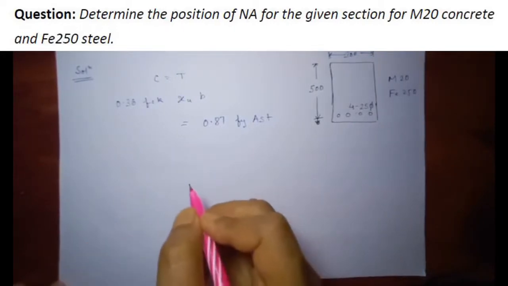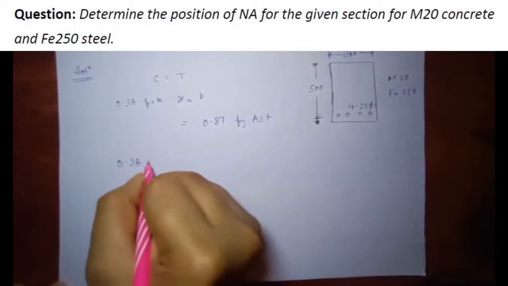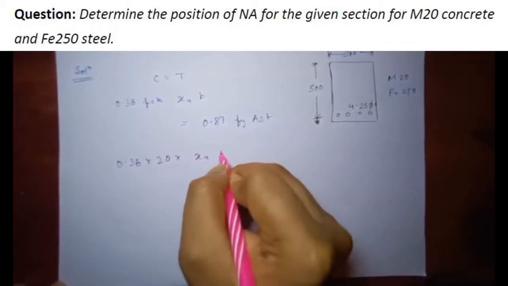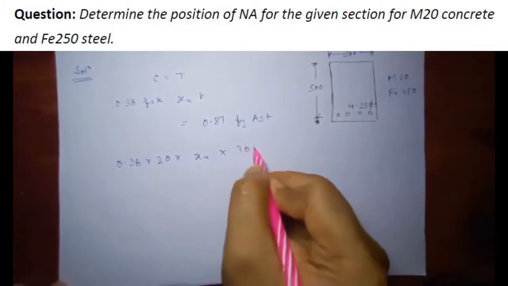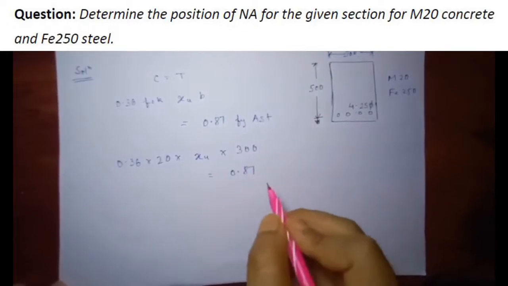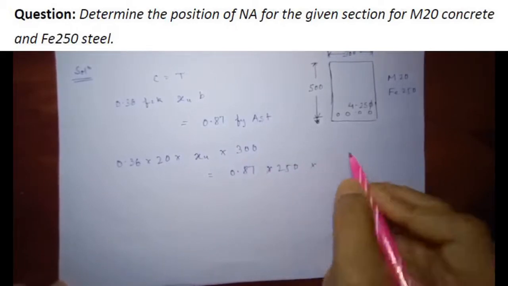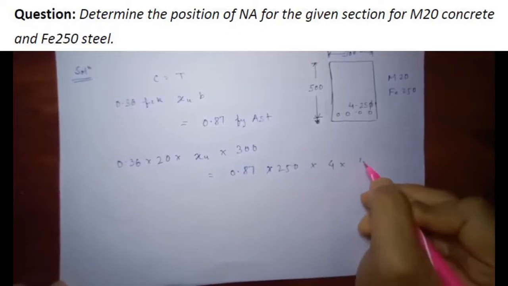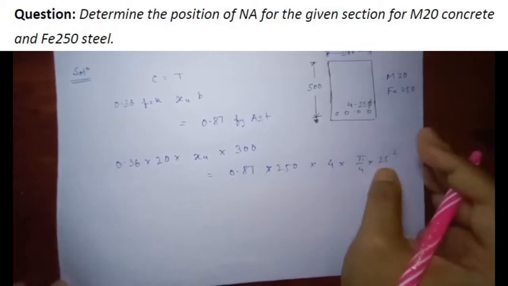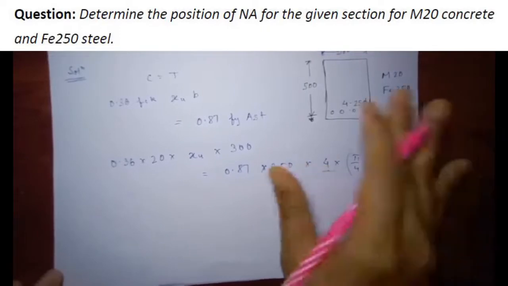So I can write 0.36 FCK, which is 20, multiplied by XU, multiplied by the breadth, 300 mm, equal to 0.87 Fy, which is 250, multiplied by 4 times pi by 4 times 25 squared, because pi by 4 times 25 squared is the area of one bar and I am multiplying it by 4 to get the total area of the steel.